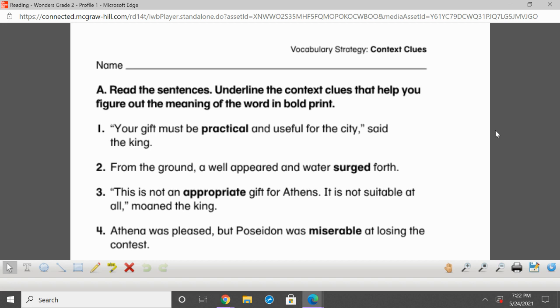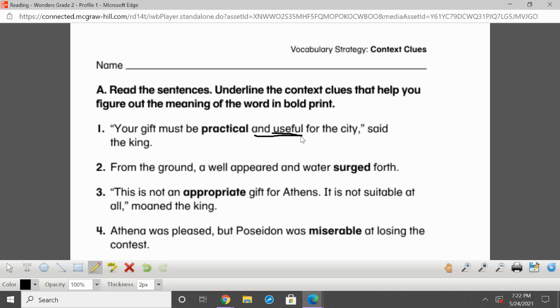"Your gift must be practical and useful for the city," said the king. Well, I see this word right here, "and useful." So that tells me that useful is another word for practical, probably. They are probably close to the same thing.